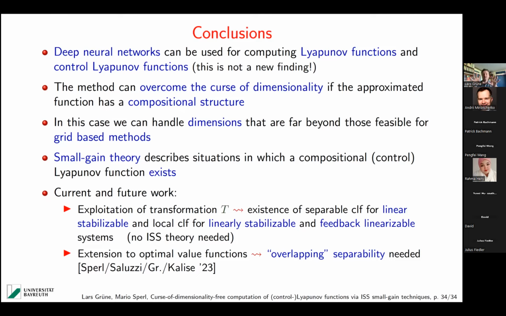Certain parts of the state vector appear in several functions, but overall the number of components is bounded, and then we can actually show that this also works. We can construct a network which approximates that. And we can also show that by making some assumptions on the sensitivity, we can really get this overlapping separability and get this approximation. So this is just submitted. Again, this is without ISS theory, unfortunately.